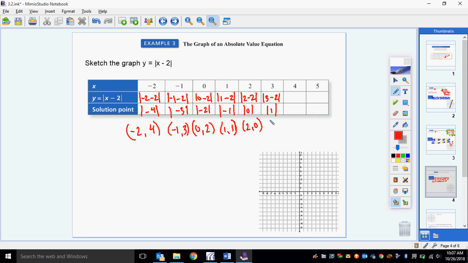The absolute value of 1 is a positive 1. Same thing for 4. The absolute value of 2 is 2, so 4 comma 2 is a solution. And 5 comma 3 is the last solution. I'm ready to plot these points.